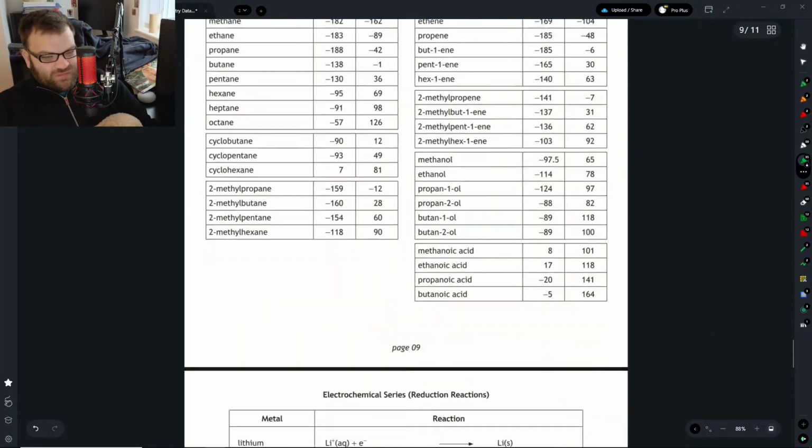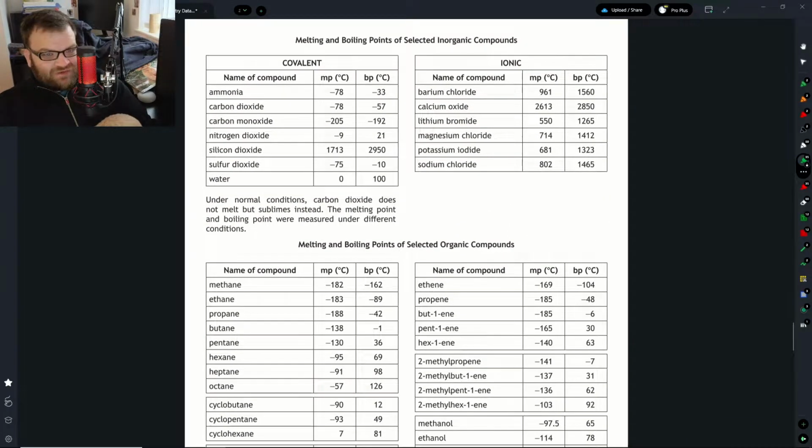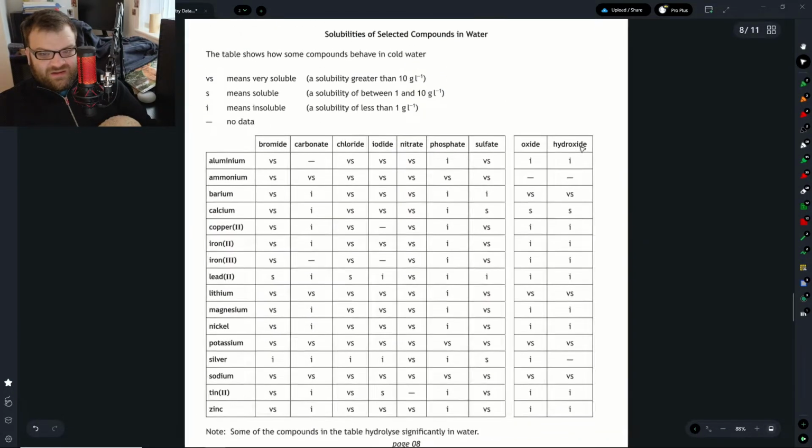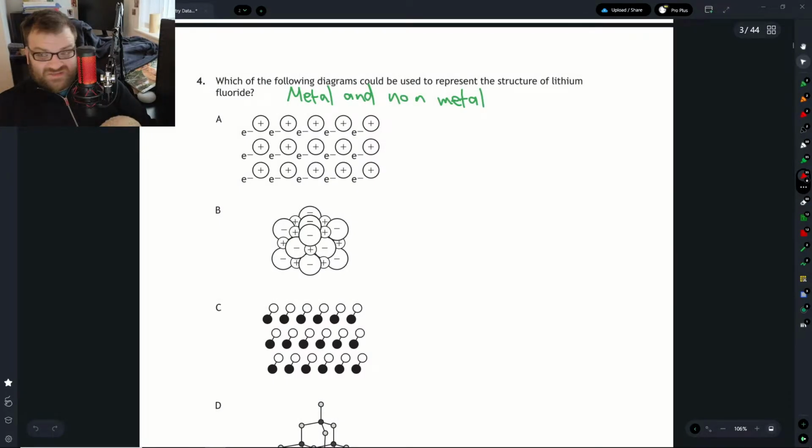Something else that can help us is if we look down on page number 9, they have got lists of ionic and covalent compounds. We can see lithium bromide is classed as being ionic. And if we go up, bromine is also a non-metal. This means that lithium fluoride is likely to be an ionic substance.